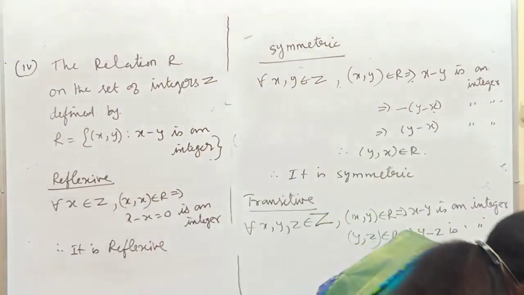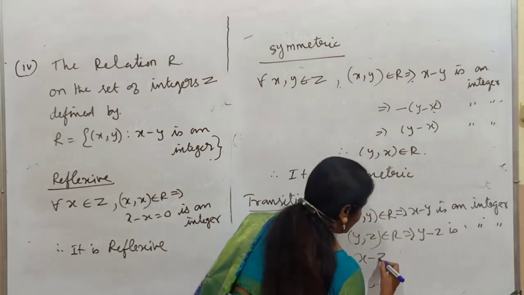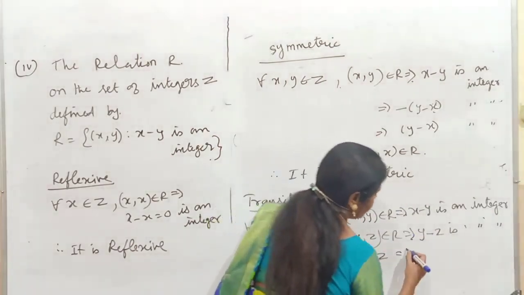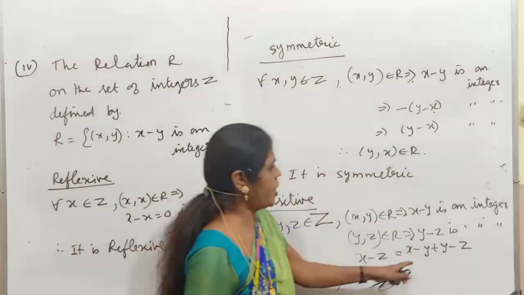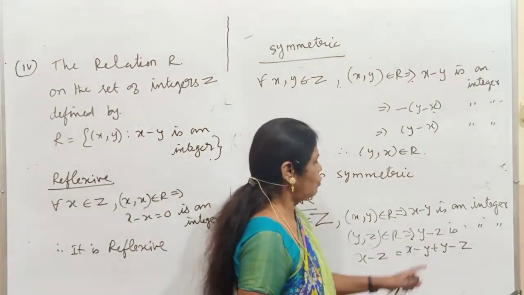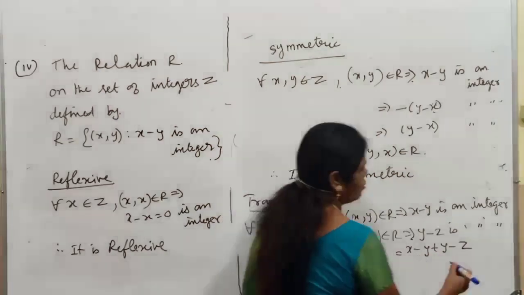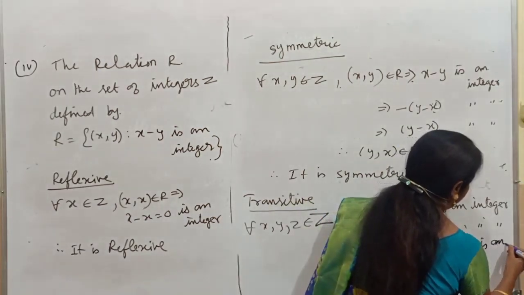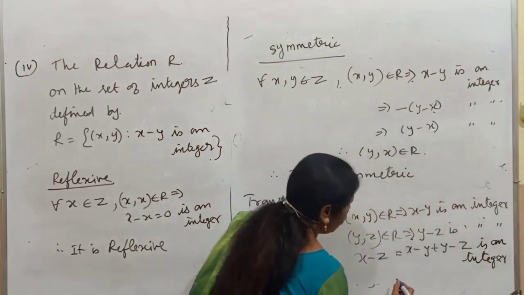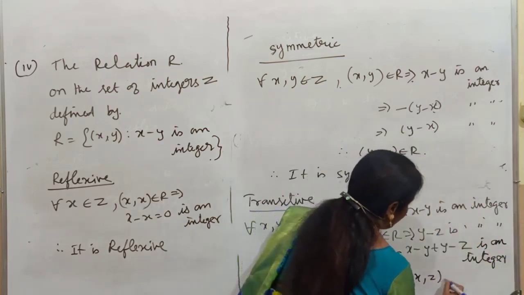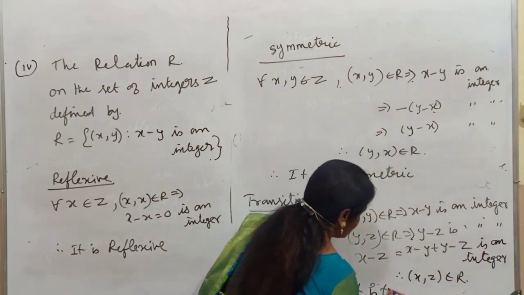Now listen, how will you write this one? I am going to write x minus z as x minus y plus y minus z. You know that? So adding y and subtracting y. So the sum of the two integers will also be an integer. So you can say that is an integer. Therefore, x, z belongs to R. Therefore, it is transitive.